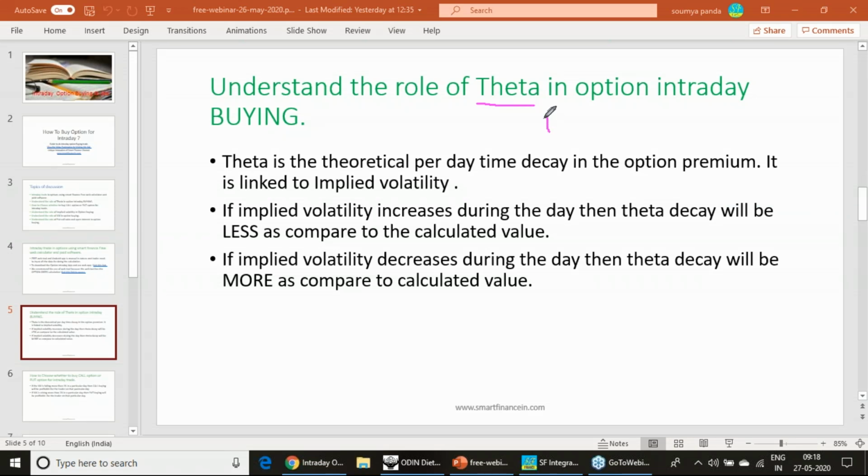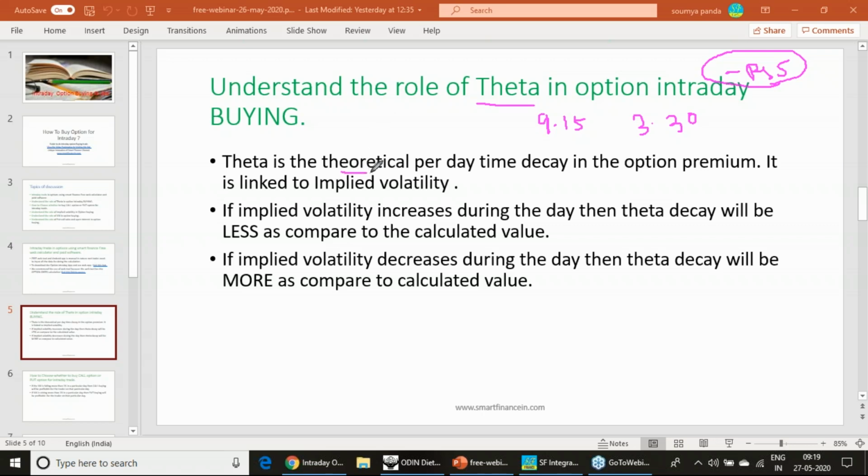From the starting point of 9:15 to 3:30, if the theta is 5 rupees, and theta will always be negative for any option you calculate, that means from 9:15 to 3:30, this 5 rupees of time value is going to be decayed, subtracted from your premium. That is what theta is.